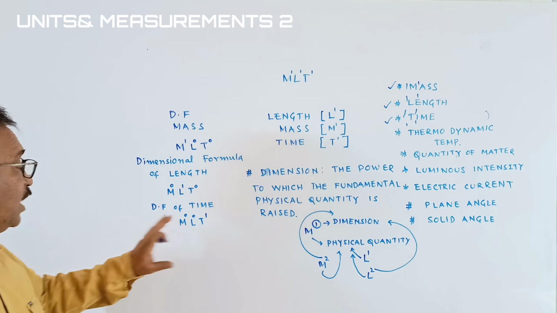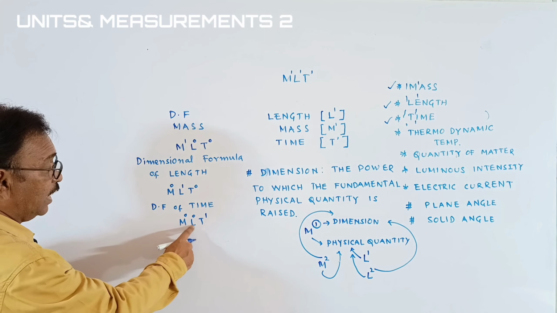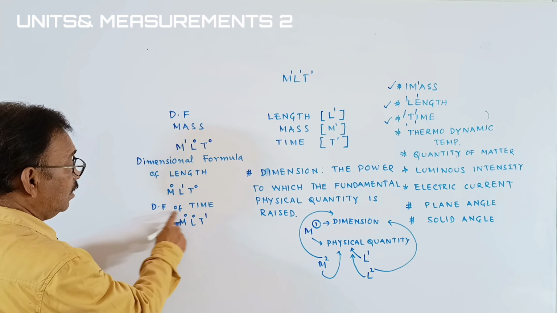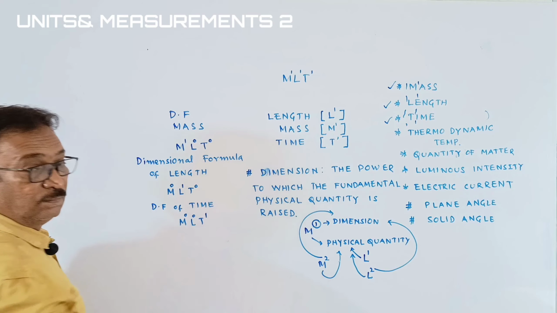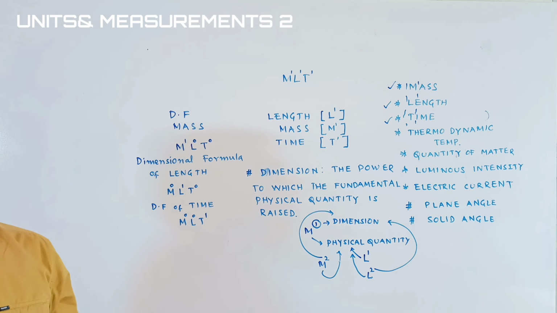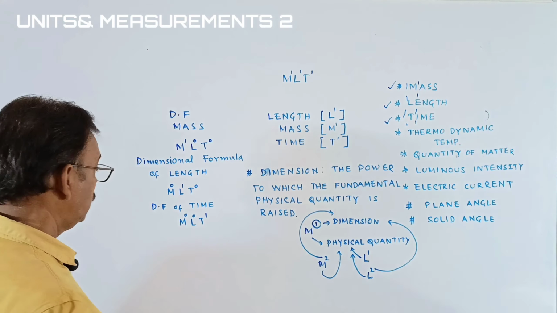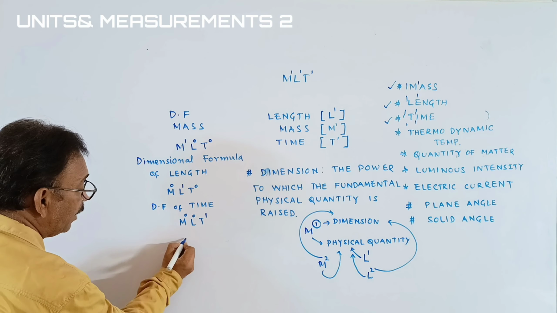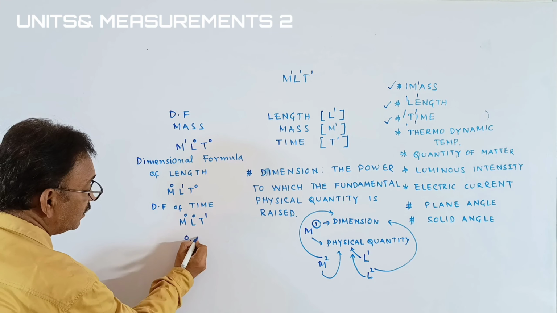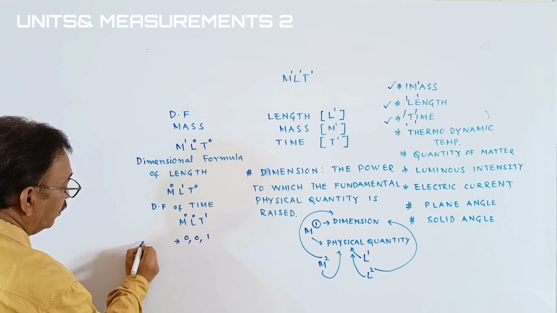Maybe in the examination it will ask you, what are the dimensions of mass, length, and time in the dimensional formula of time? Simply we have to write: mass has the dimension 0, length has the dimension 0, and time has the dimension 1.